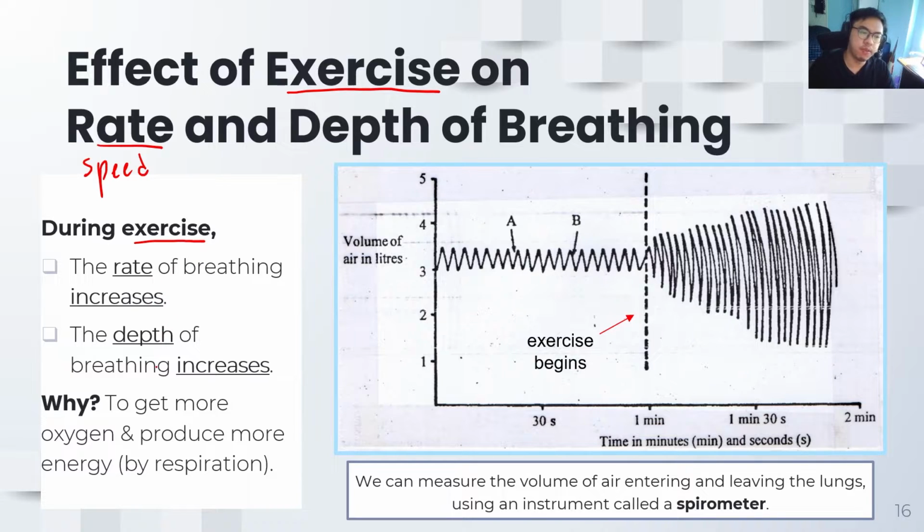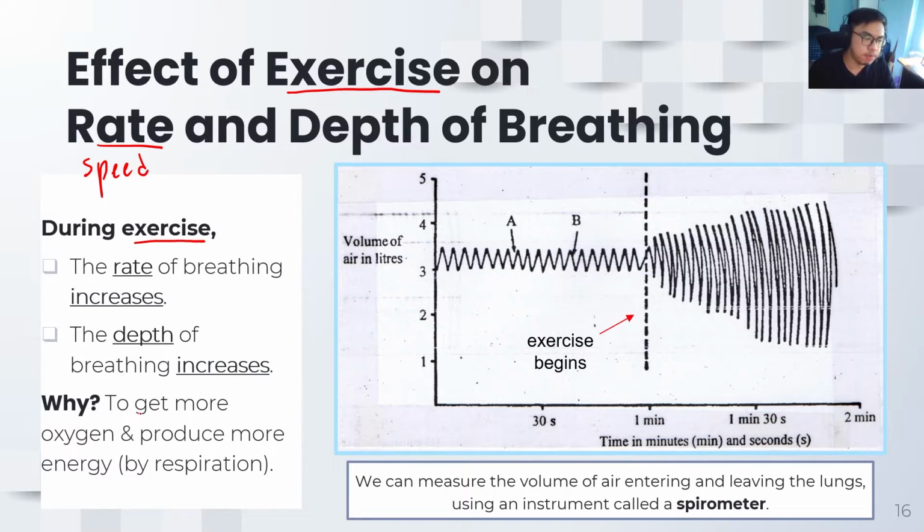That means we are breathing very, very quickly, right? And also the depth of breathing increases. That means we inhale very deeply and we also exhale very deeply. Why do we do this?